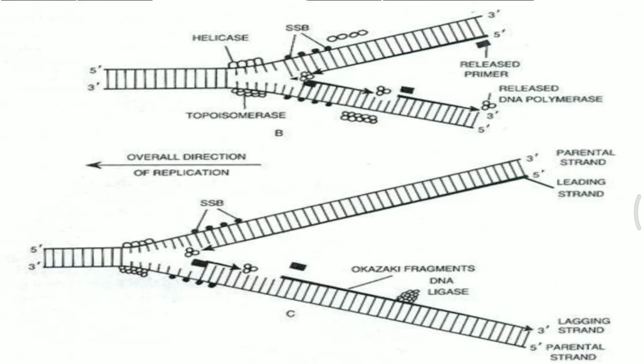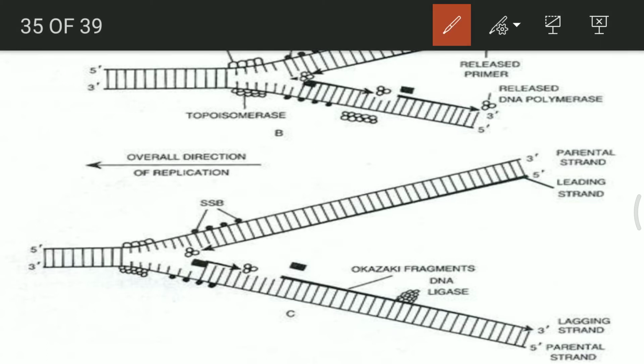What happens in the elongation process? Continuously new strands are getting formed on the leading as well as on the lagging strand. In the leading strand, the formation of DNA nucleotides is continuous. So you can see in this structure that a continuous strand is formed in the 5 prime to 3 prime direction. Whereas in the other one, you can see a few gaps formed.